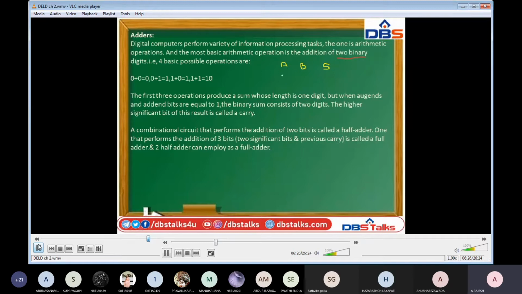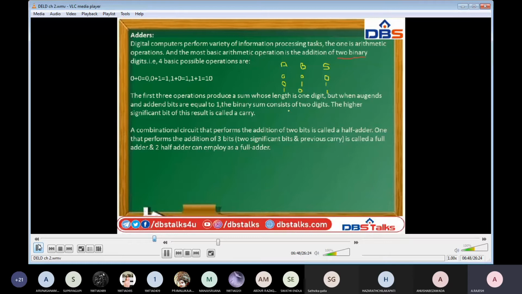For example, if there is 0 0, 0 1, 1 0, 1 1, then 0 plus 0 has sum 0, 0 plus 1 is 1, 1 plus 0 is 1.